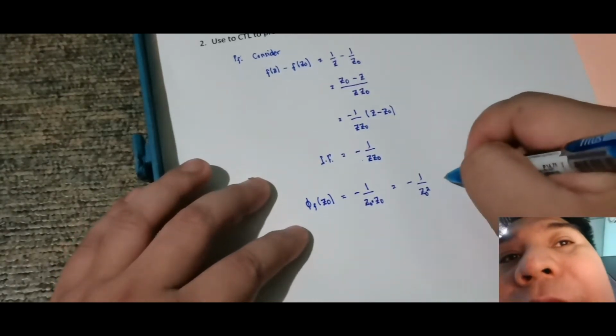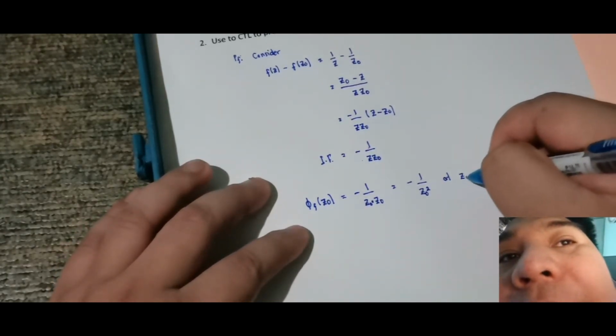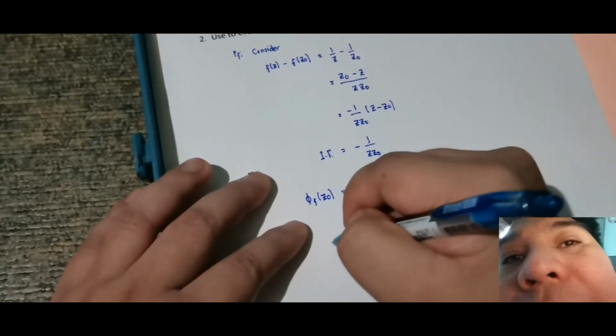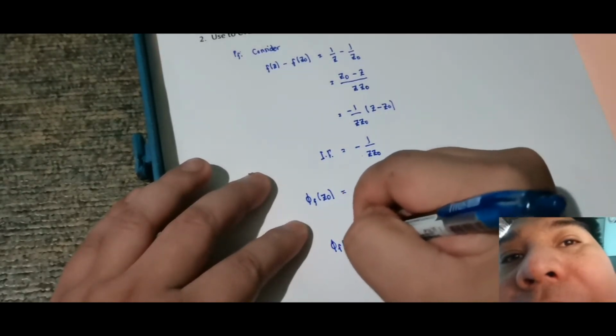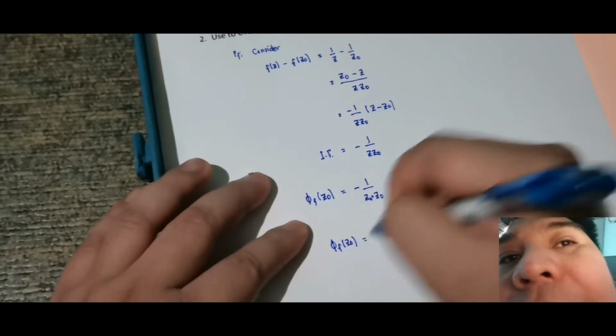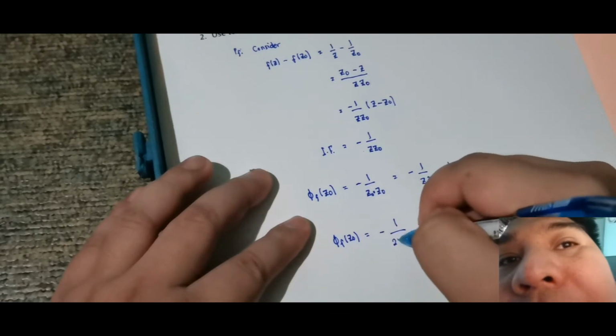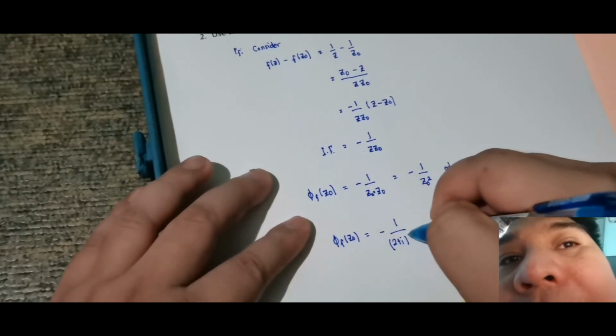Okay, so at Z naught is equal to 2 plus I. So P function of Z naught is equivalent sa negative 1 over, this is 2 plus I raised sa 2.